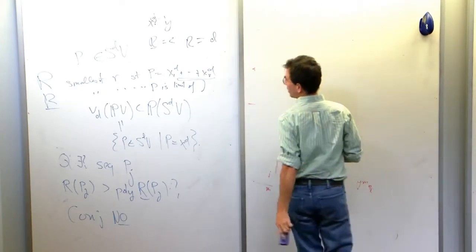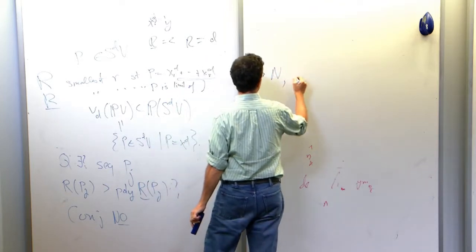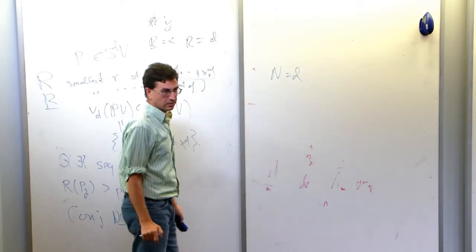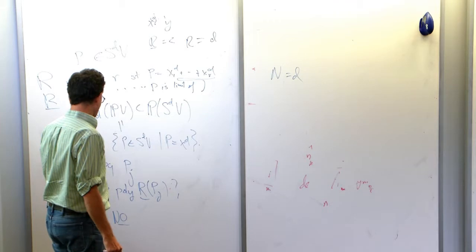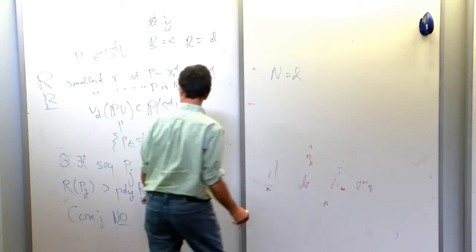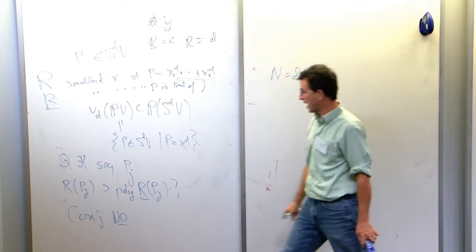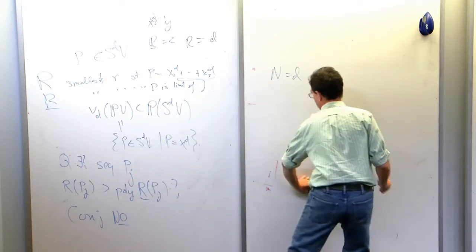Yeah, so let's see. We have n, the number of variables, and d, but let's just set n equal to d without any loss of generality, so we only have one parameter to worry about. And so what we want is a big gap between these two that grows faster than a polynomial.